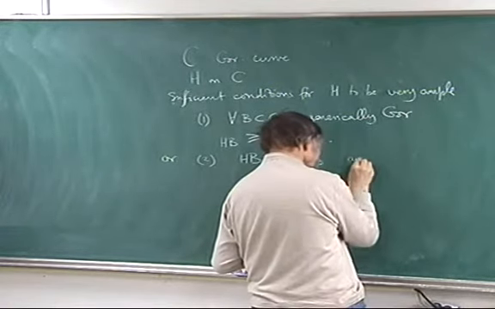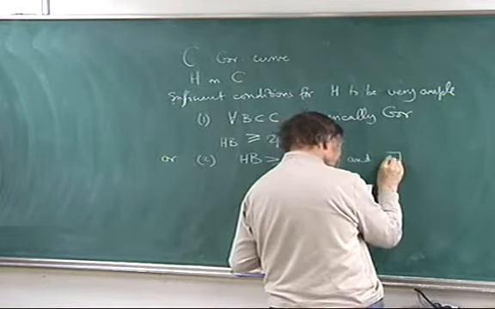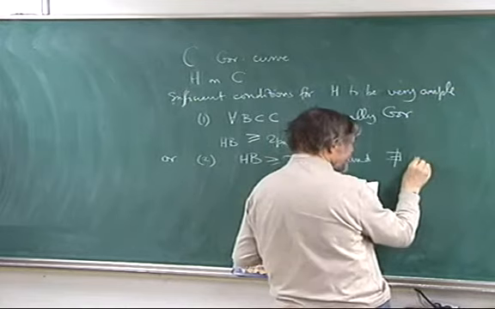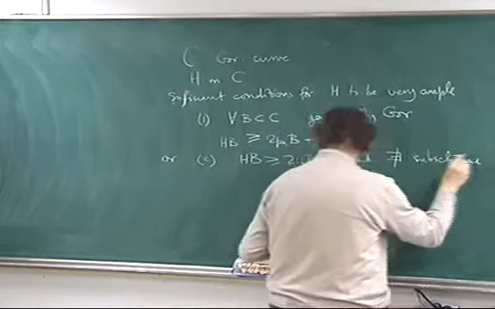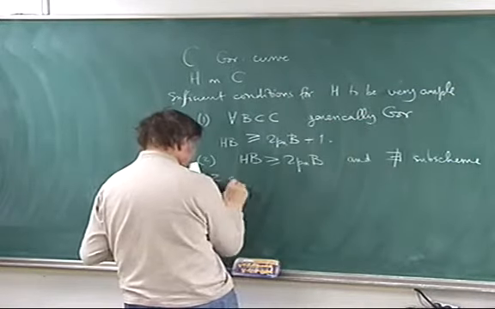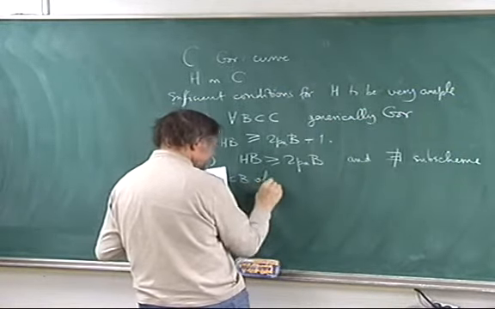and there does not exist a subscheme Z in B of length 2.